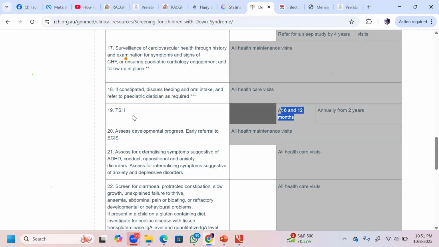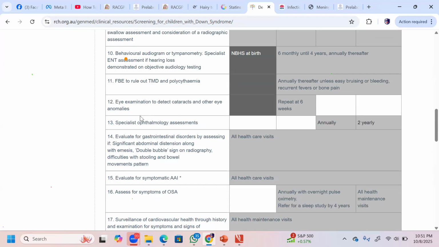TSH level is important. So memorize this, and then later on annually from 2 years. TSH at birth, then at 6 months and 12 months, and after that annually from 2 years.